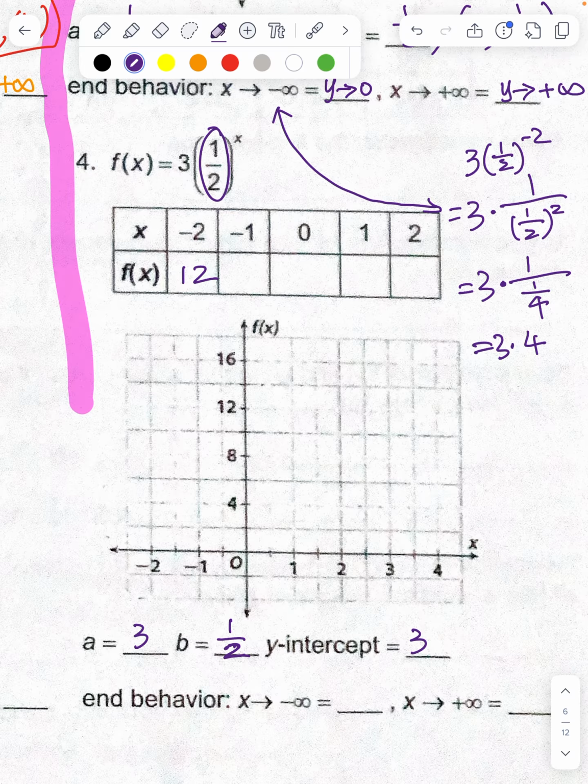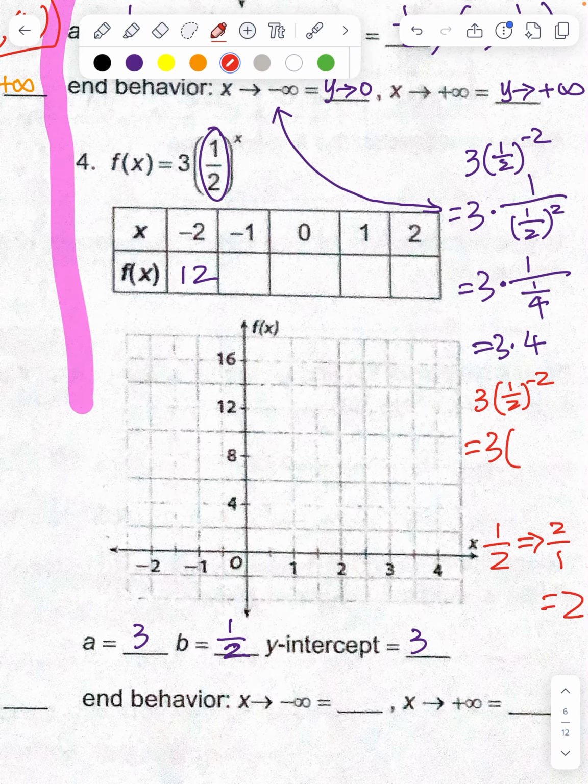Or use the method I taught you before. When the power is negative and the base is a fraction, flip the fraction. I saw the power is negative, so now I'm going to flip the base. 1 over 2, when I flip it, becomes 2 over 1, which is just 2.